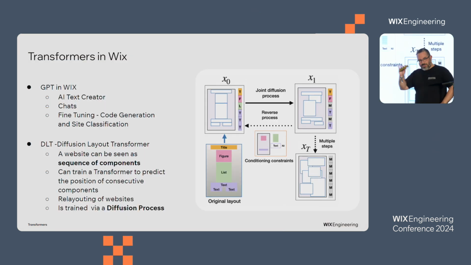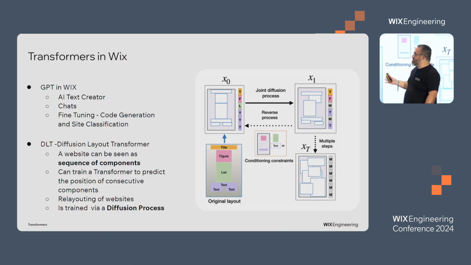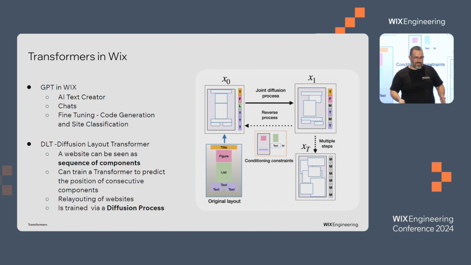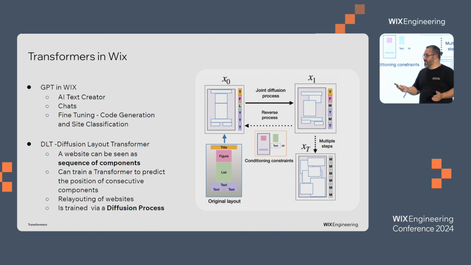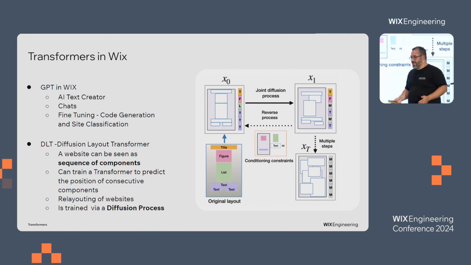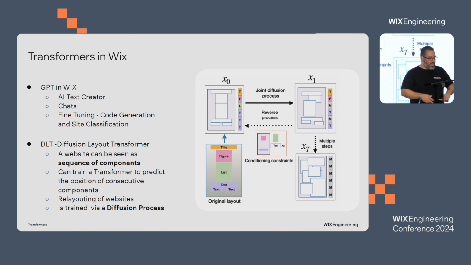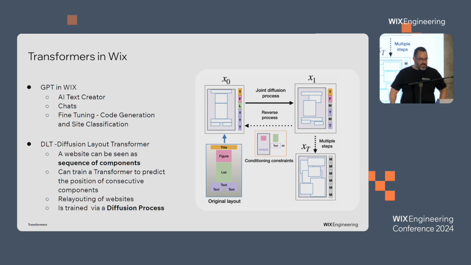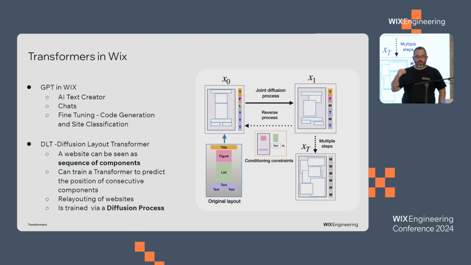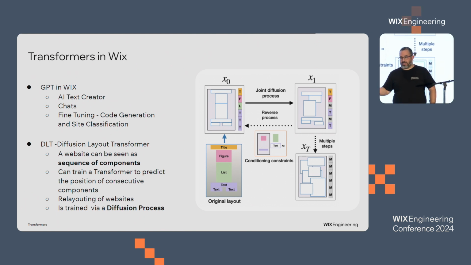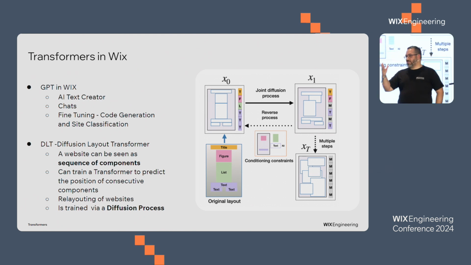So just to talk a little bit about how transformers are used at Wix. Most of you use GPT on an almost daily basis, and we have many applications of GPT in our product. But I just want to highlight a use case that my team has been working on: applying transformers to generate the layout of a page.